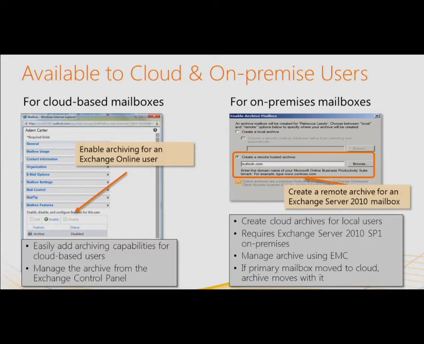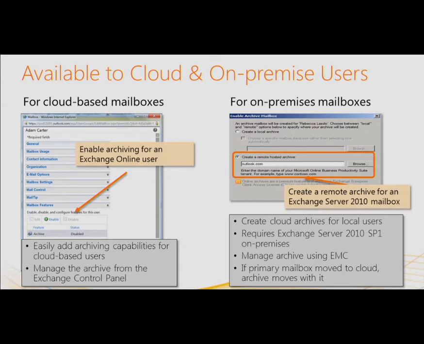But very interesting. So, available to cloud and on-premises users is what we're looking at. So, basically, when we're talking about the setup piece with hybrid, you're enabling your customer or your end user for archiving in different ways, right? If you have an end user that's on the cloud, you're just enabling archive there for them.